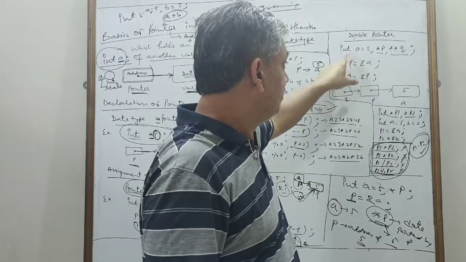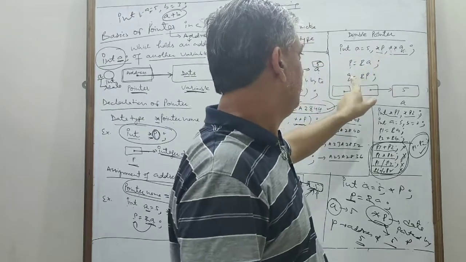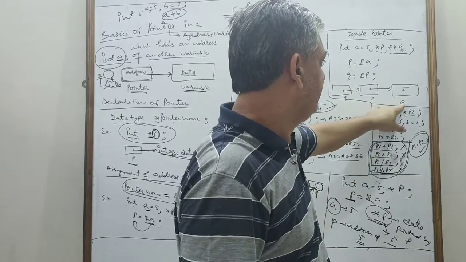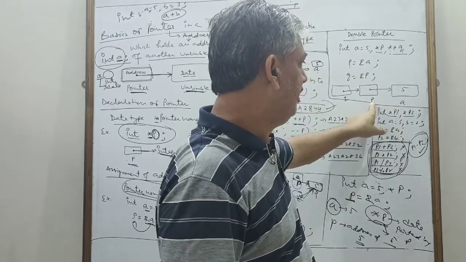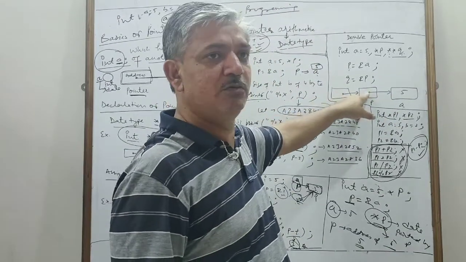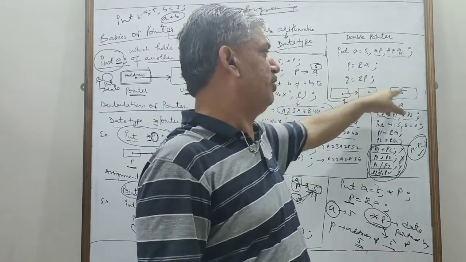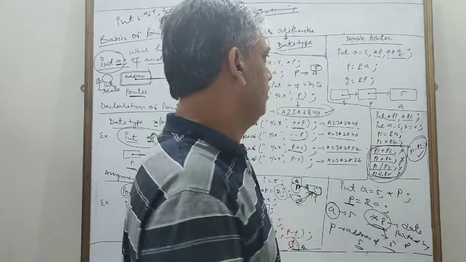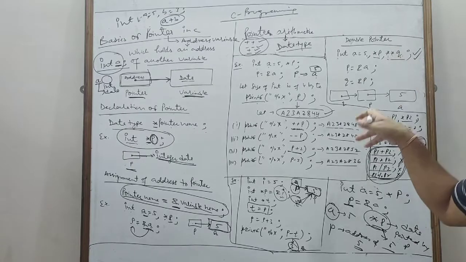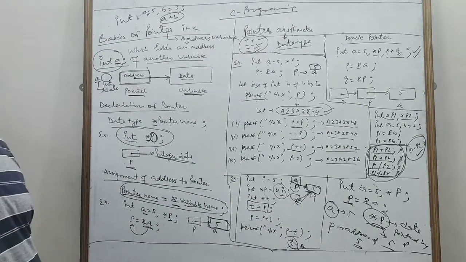But if another variable points to this p, then we need a double pointer: q = &p. So here a is data, p is a pointer pointing to a, and q is a double pointer pointing to the pointer. The double pointer points to a pointer and the pointer points to data. Clear? This is the way to declare double pointers, and we can use double pointers in programming.